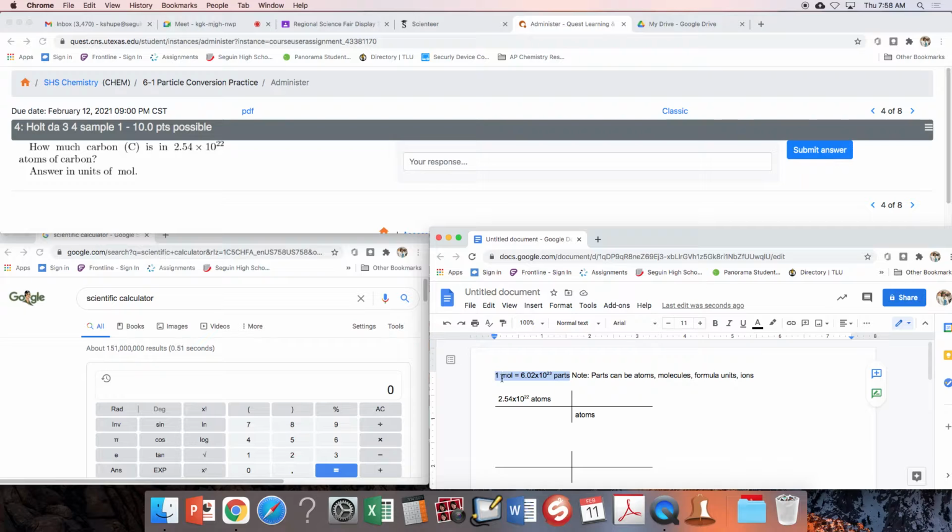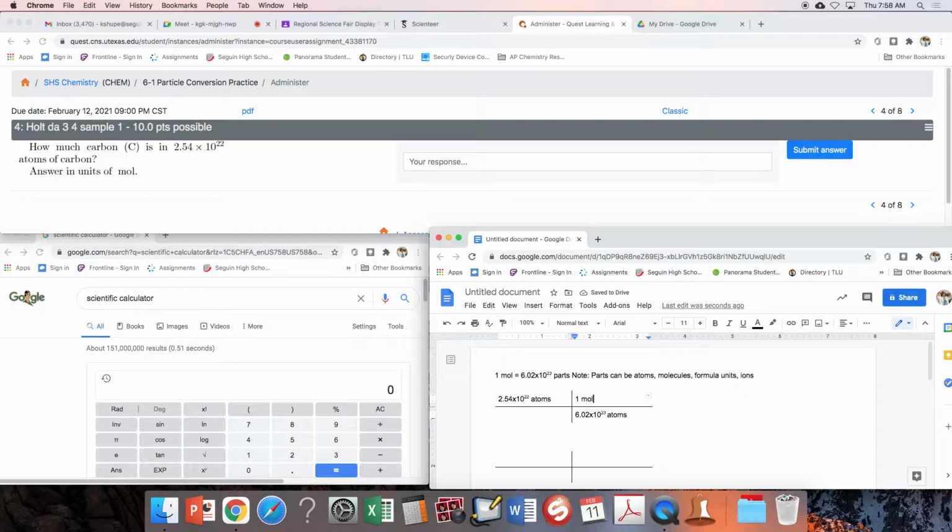If my units are moles, it's going to say moles. Anything else for the most part is going to be parts. So atoms are definitely parts. So I've got atoms, aka parts, down here, which means my 6.02 times 10 to the 23rd is going to follow that. And if I put this half on bottom, I know I've got to put the other half, my 1 mole, on top.